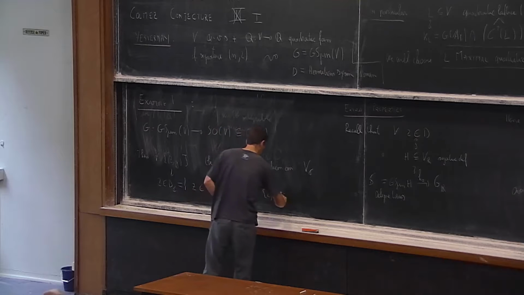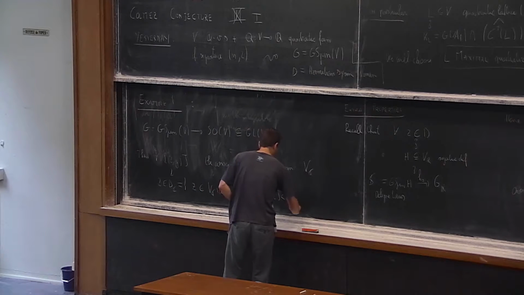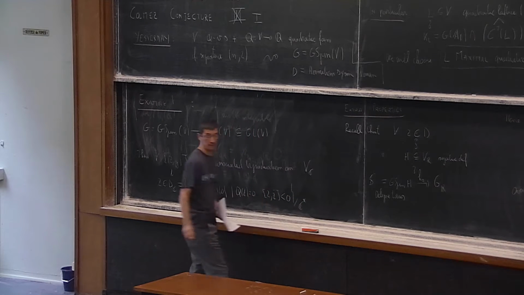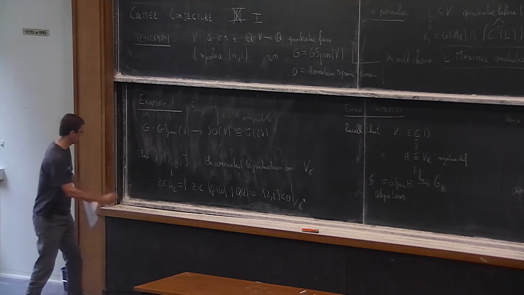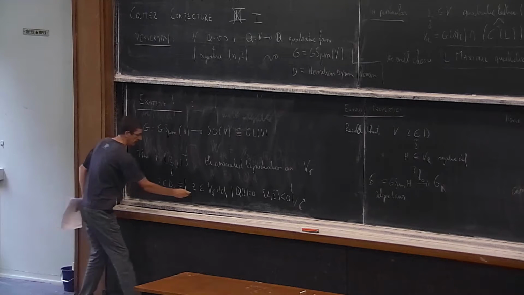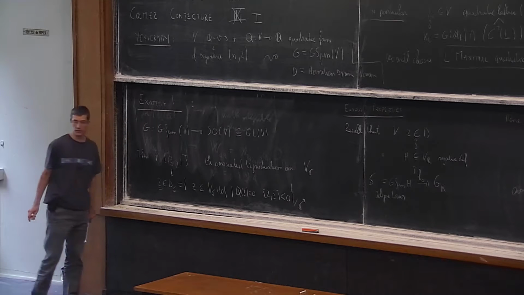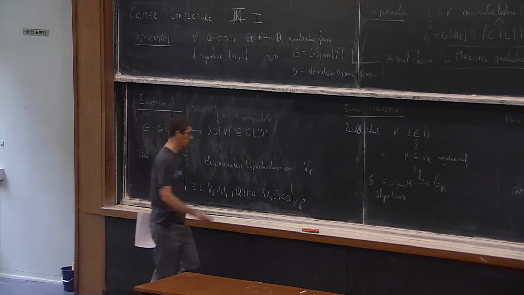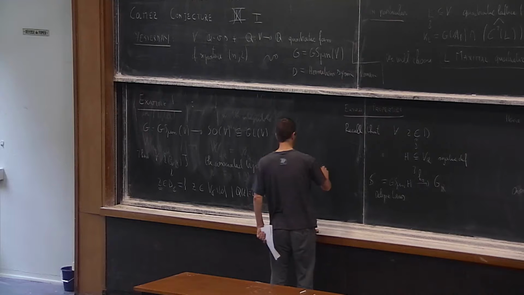Maybe the negative definite. Modulo the action of C star. Okay, so given our Z, I have in particular inside V of C a line, which is specified by our choice.